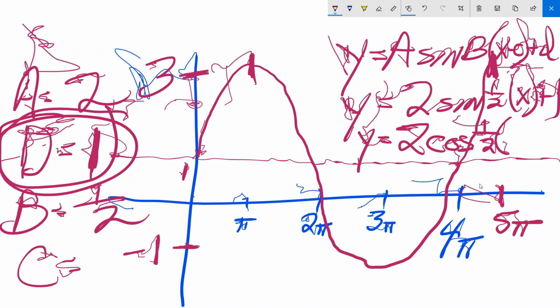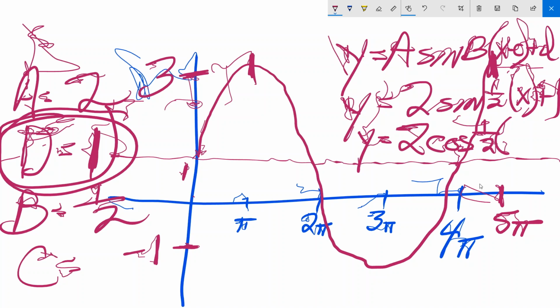That's still a period of 4 pi. So b is still the same. It's still 1/2. b is always 2 pi divided by the period. You read the period from the graph. The only thing that's different is the phase shift, the horizontal shift.